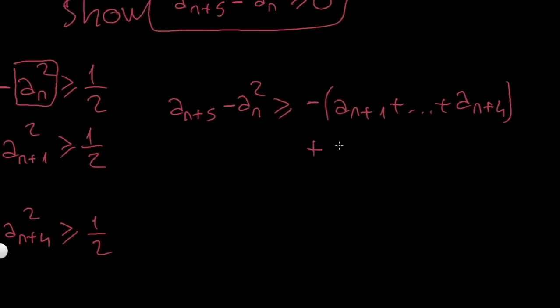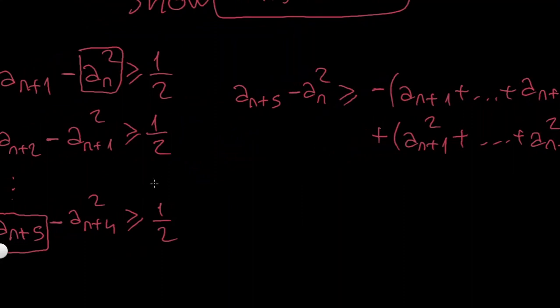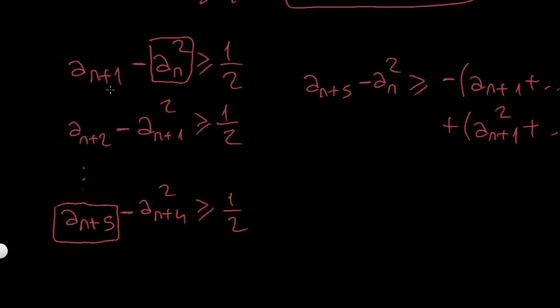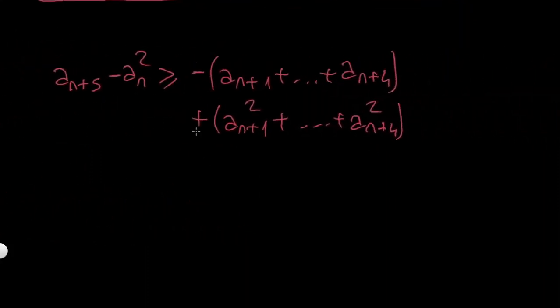So I have plus a_{n+1} squared up to a_{n+4} squared. And I also have 1 over 2, and this is going to be 5 times because I have n plus 1, 2, 3, 4, 5. So this is just going to be 5 over 2.